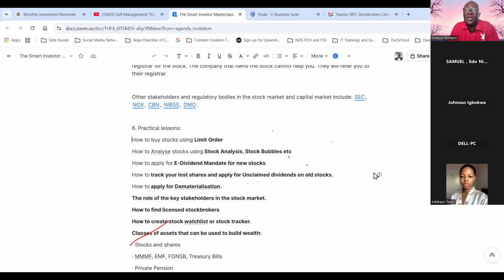It's not by hype. It's not by speculation. It's not, Aradel is cheaper, I will buy Aradel. You have to see the facts and figures, and you can only do that using tools like Stock Analysis. It's a bit technical, but it's not complicated. So let me go into Stock Analysis and then I can show you.